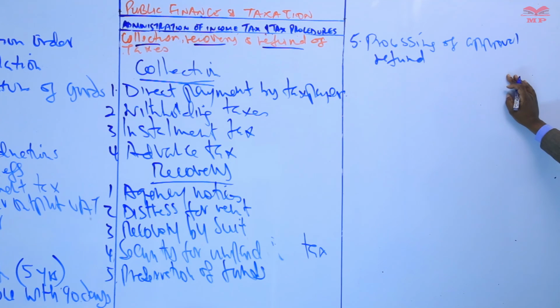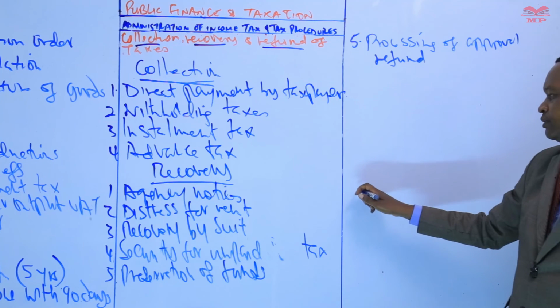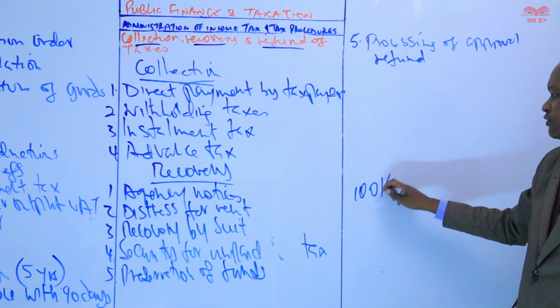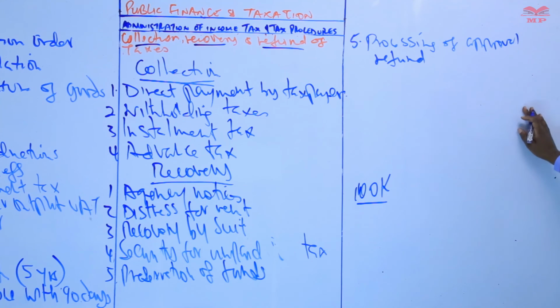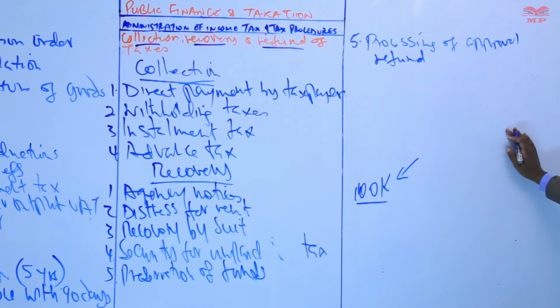So if KRA has approved that you be refunded 100,000 Kenya shillings, before it is paid to you, KRA has to check if you have any outstanding tax debt, so that this 100,000 may be used to offset that debt. Any remaining balance is then refunded to the taxpayer.